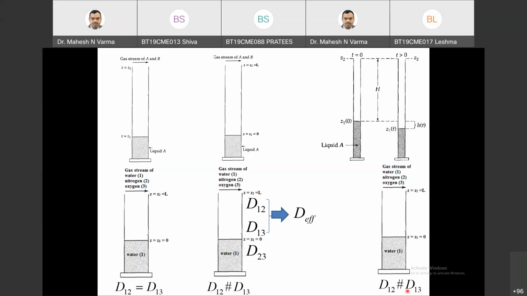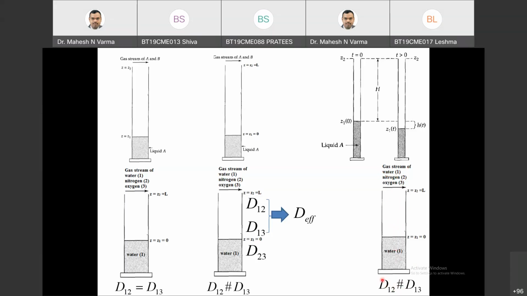Or we can treat it separately also. For that, we have used the flux of nitrogen and the flux of oxygen, and one more additional condition, that the summation of all mole fractions equals 1. Combining the fluxes of nitrogen, oxygen, and water with the mole fractions summing to 1, we can get the concentration profile for water for different values of diffusivity, as well as the flux profile.